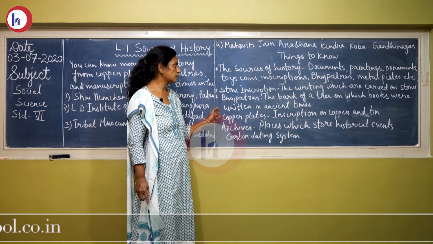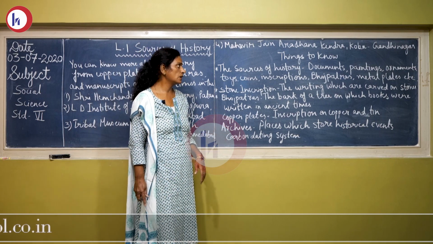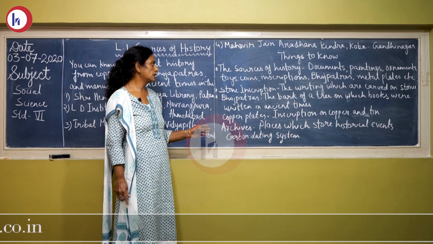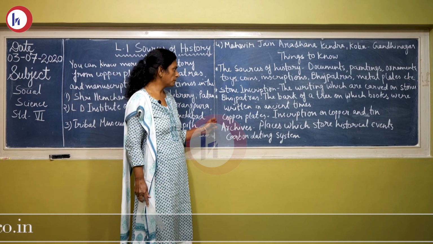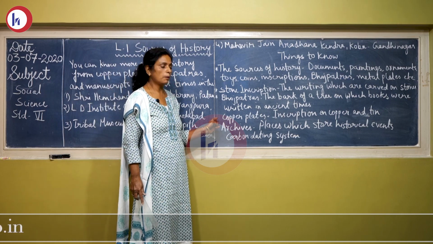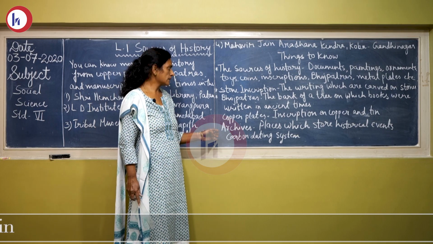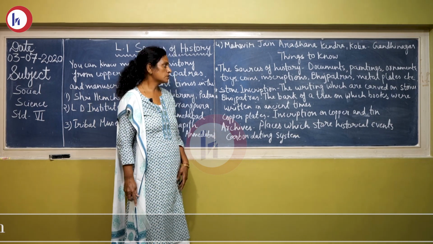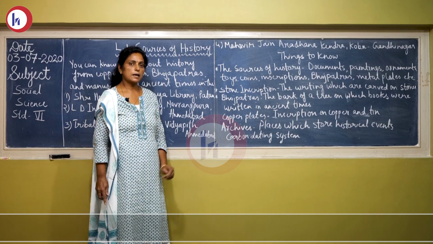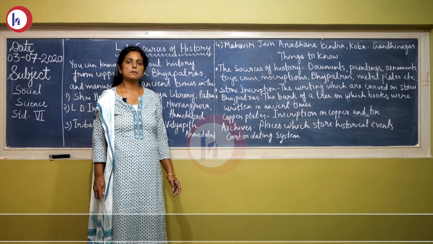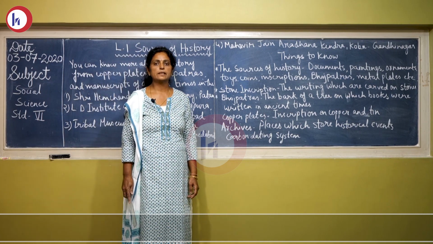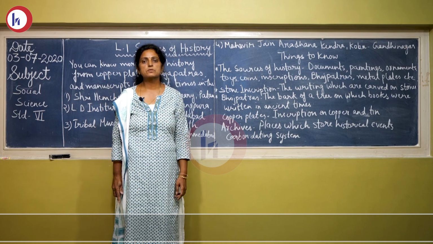What are Bhojpatras? The bark of a tree on which books were written in ancient time. What is copper plate? Inscription on copper and tin. What are archives? Places which store historical events. What is the carbon dating system? The carbon dating system is used by archaeologists to find the exact date and time of findings.